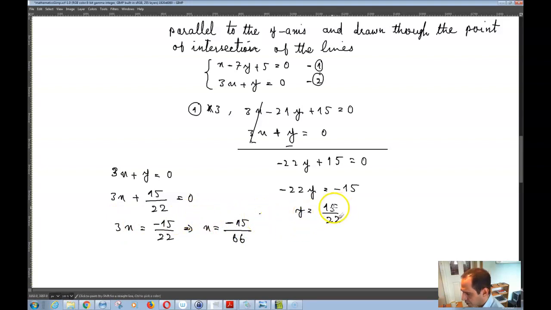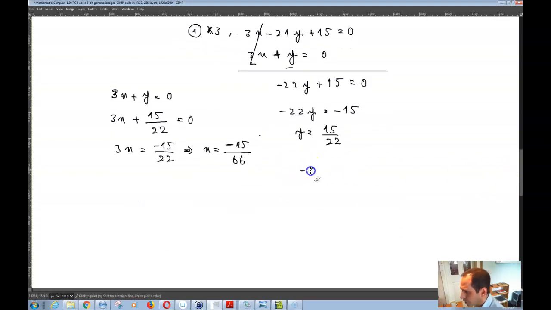So that is your point of intersection. That is the point of intersection of these two lines, which is basically negative 15 by 66 and 15 by 22.